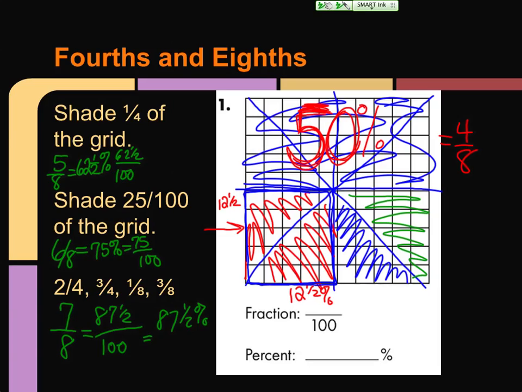So what we're saying is, for the whole, we have a whole which is equal to 4/4, which is equal to how many eighths? 8/8. Which is equal to what percent? The whole thing is shaded, so we have 100% shaded.